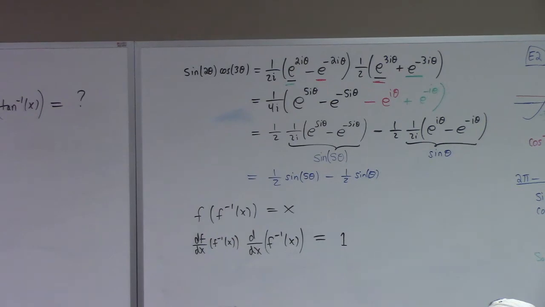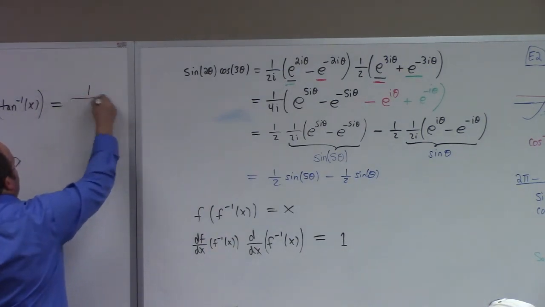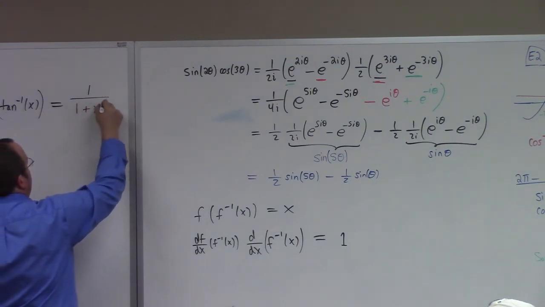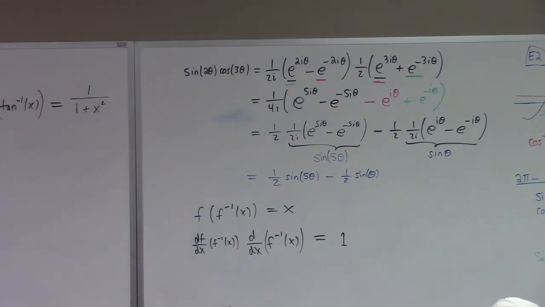How do we find the answer? How do we show that this is equal to 1 over 1 plus x squared? I mean, you should all know that, right? I'm trying to explain to you why that's true at the moment. Here's the usual method I use to derive it. I say, okay, I'm going to say y equals inverse tangent of x.